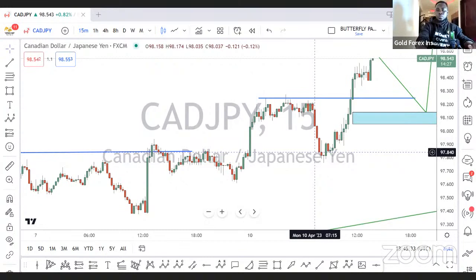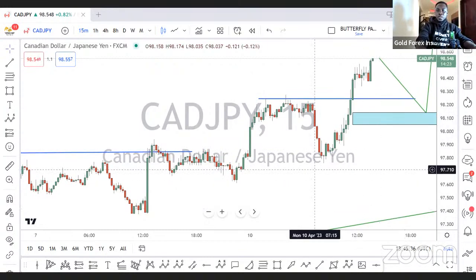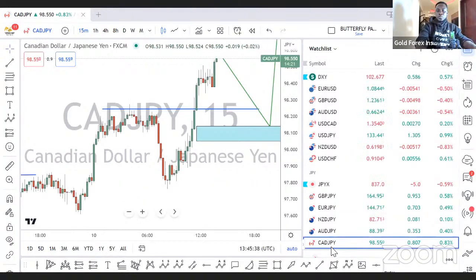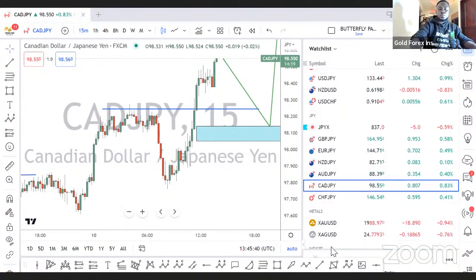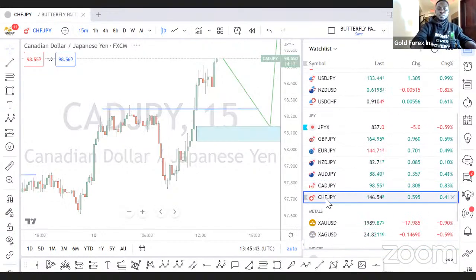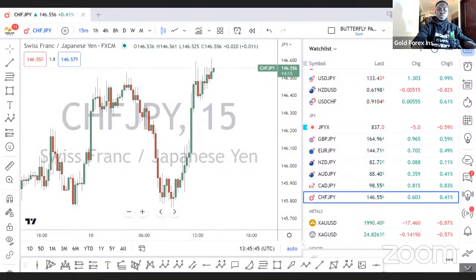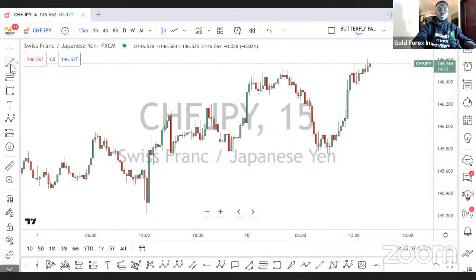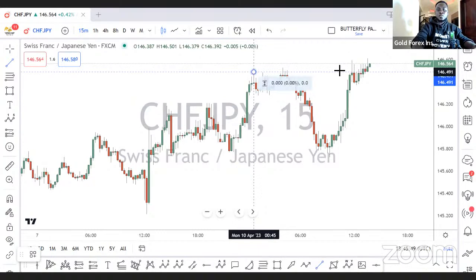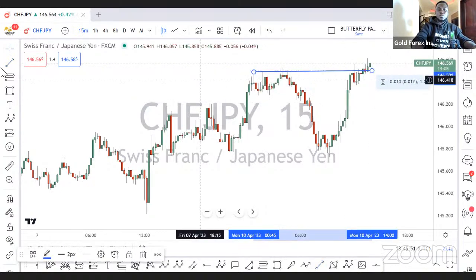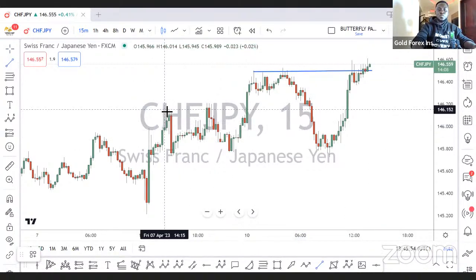Okay. So I think, let me check the others. CHFJPY, the same thing. This is an imbalance, break of structure. So once it breaks structure, it moves to the zone.